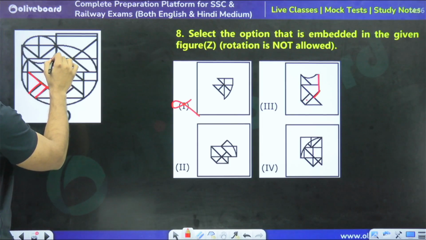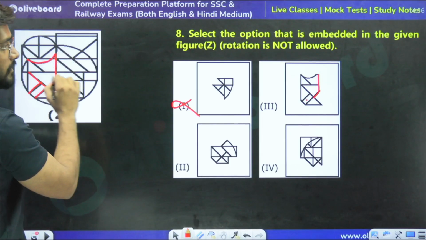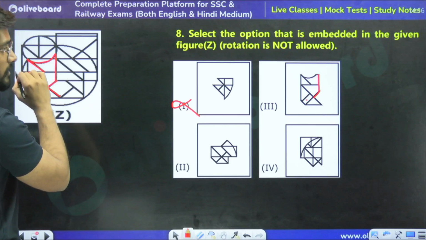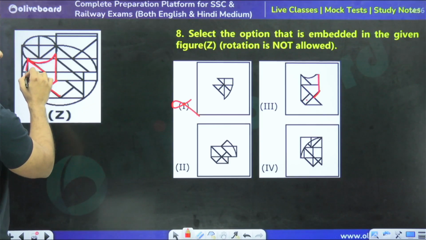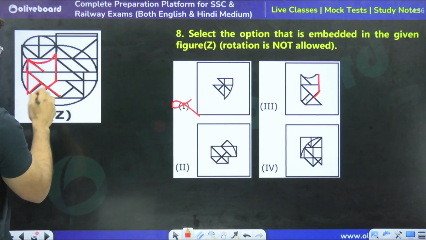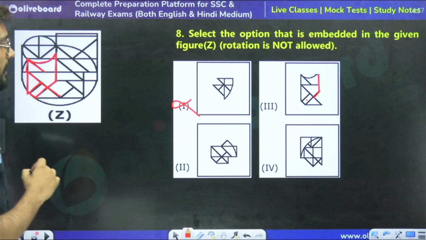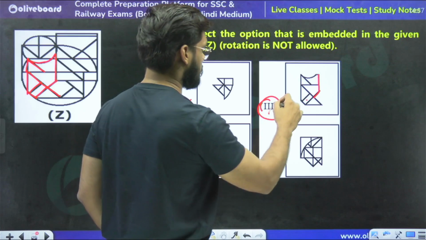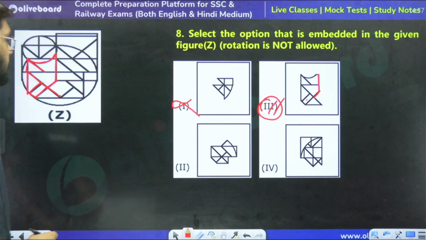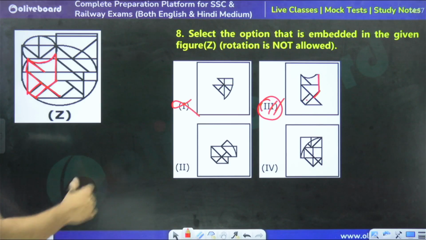Then it should be matched like this, then this one, then bottom down and up to here, this and that are matched perfectly, I guess. Option number 3 is the right answer.